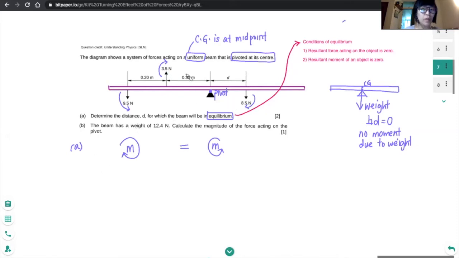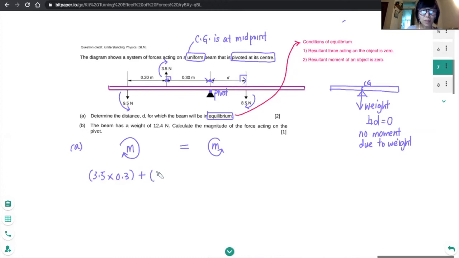The 3.5 Newton is 0.3 meters away from the pivot, and this is your perpendicular distance. So I'm going to calculate 3.5 times 0.3. That will be my first set of clockwise moment. The next set of clockwise moment is produced by 8.5 Newton, which is a distance d away from the pivot, and this happens to be our unknown.